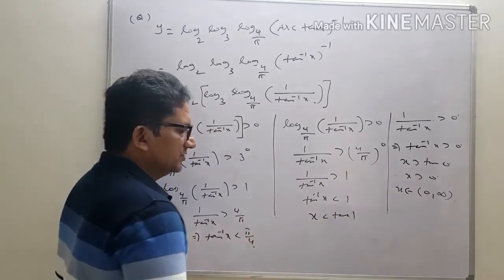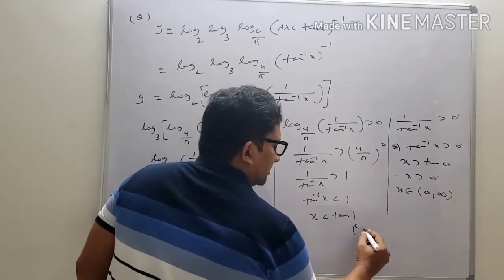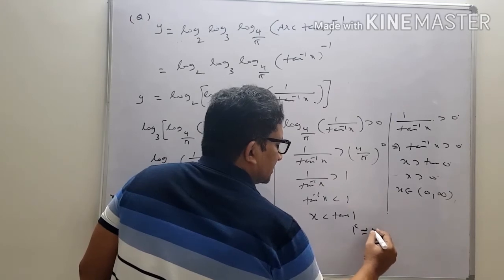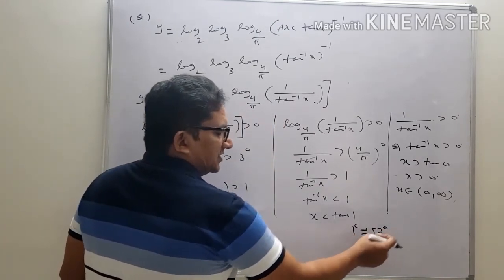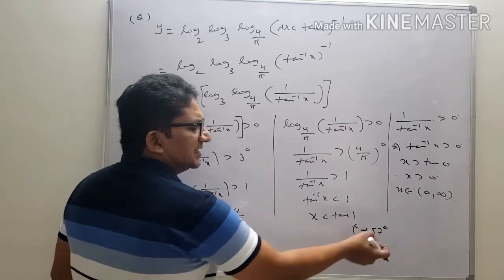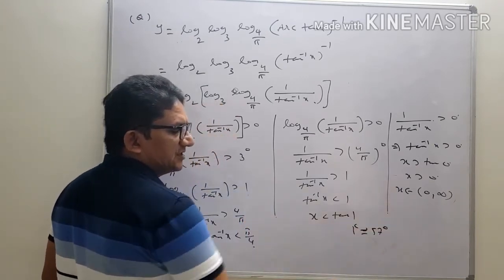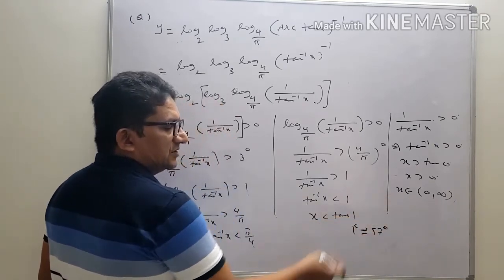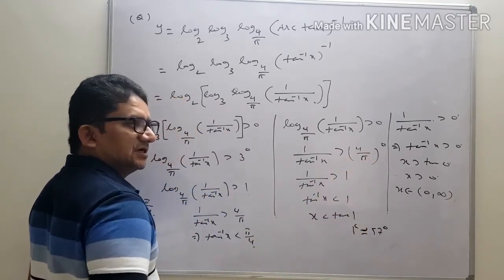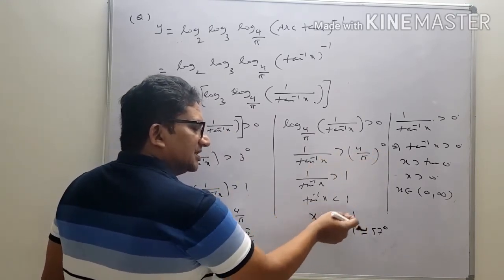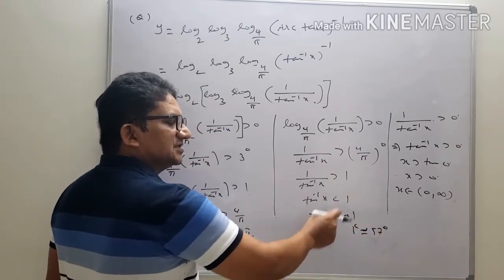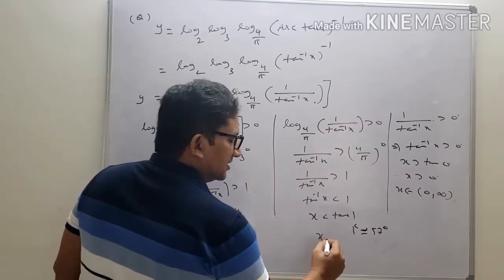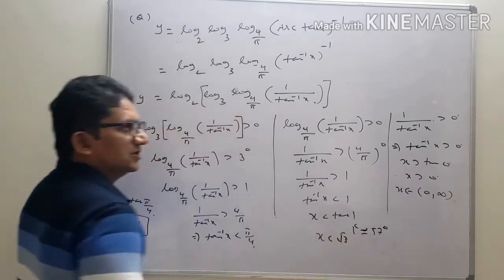So then what we will do is, we know that 1 radian is approximately equal to 57 degrees, means we will take the nearest angle to 57 degrees, that is 60. So now tan 60 is what? Root 3. When x is less than tan 1, that is tan 57 degrees, then definitely x is less than tan 60 degrees also. Then we will take x is less than root 3.